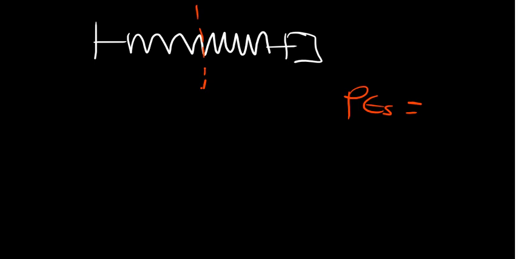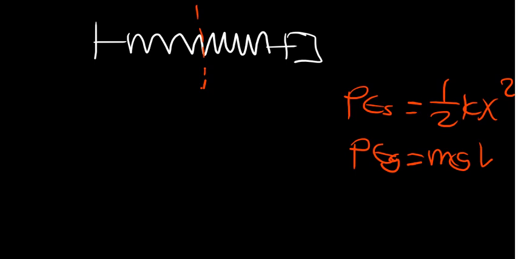There is gravitational potential energy and elastic potential energy. Elastic potential energy is the energy stored by the spring, and this energy is always given by half kx squared. Then gravitational potential energy is the one we call mgh. Why are we saying mgh? Because it is under the influence of gravity. At the same time, we're going to have h.